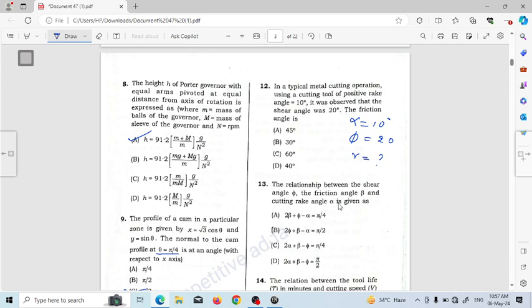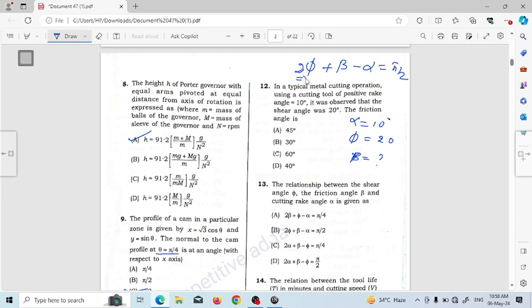So we know the formula, the angle relation, 2 phi plus beta minus alpha is equal to pi by 2.